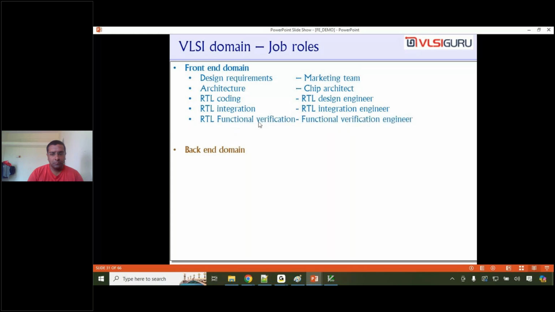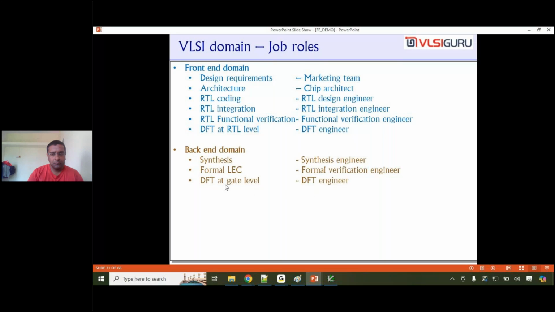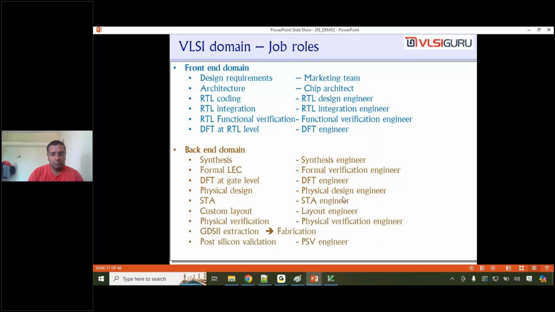The person who does functional verification is the functional verification engineer. DFT at the RTL level is the DFT engineer. Then you have the synthesis engineer, the formal verification engineer. Then you have DFT at the gate level, and the physical design engineer. Like that, for different activities, there will be dedicated people who work on those.